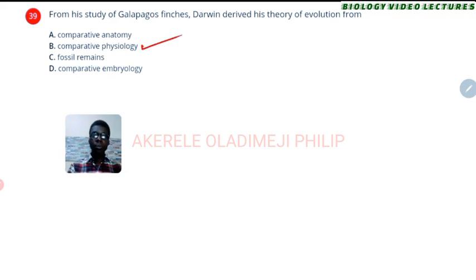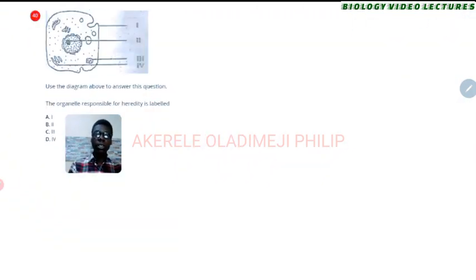All right. Then question 40. Use the diagram above to answer this question. The organelle responsible for heredity is labeled what? Okay, that would be 2. That's the nucleus.